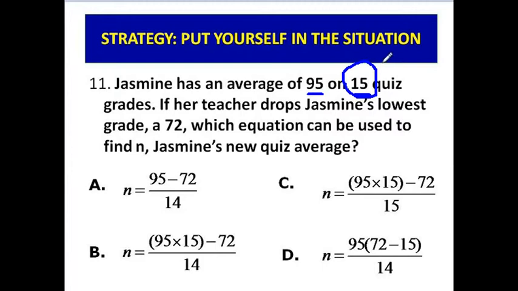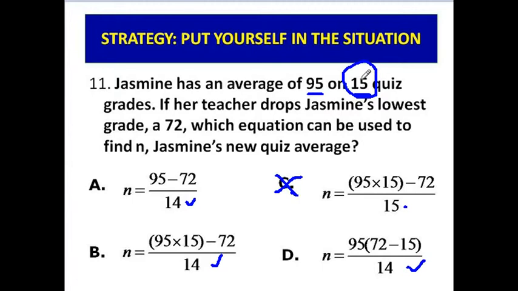So let's take a look at our answer choices. Here we're dividing by 14. Here we're dividing by 14. Here we're dividing by 14. I know it can't be this one because we won't be dividing by 15, so it can't be C. She had an average of 95 on 15 quizzes.